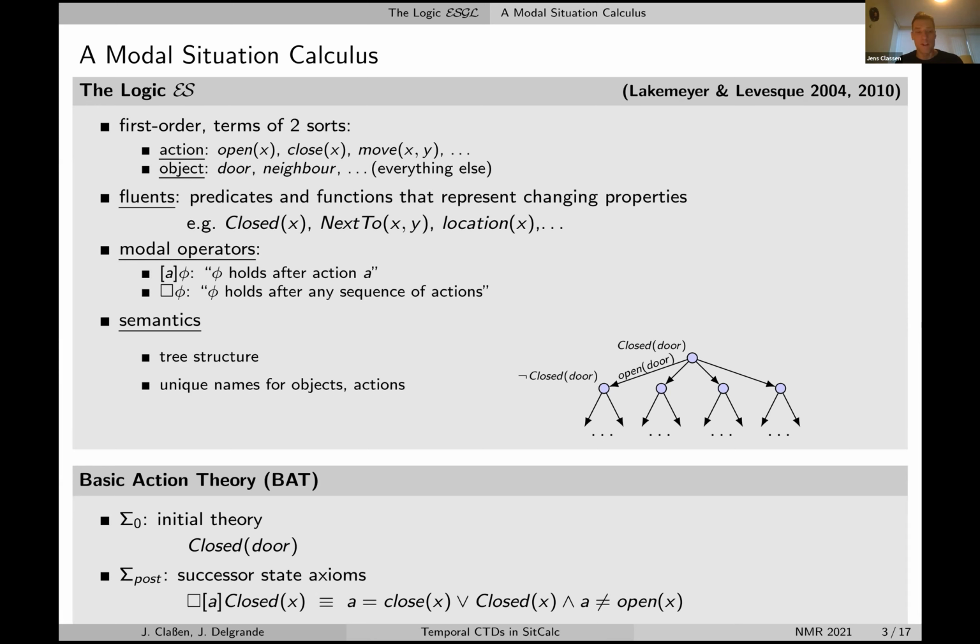You would represent a dynamic domain by having an initial theory where you state what is true initially, and you would formulate successor state axioms, a solution to the frame problem, to define the effects of actions. So, for example, a door will be closed after doing an action A, no matter in which situation we are in, either if that action was closing the door, or the door was already closed and the action was not opening the door.